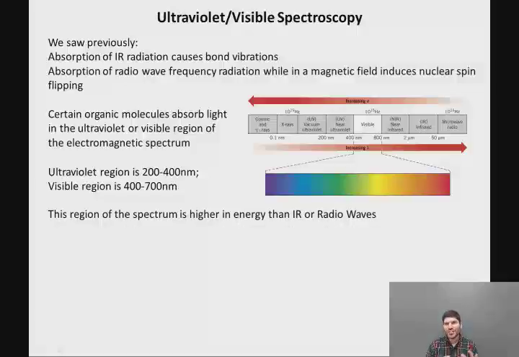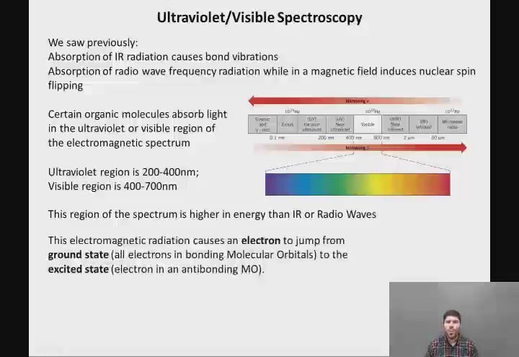This region of the spectrum is higher in energy than IR or radio waves, because remember that energy varies directly with frequency, and this region has higher frequency radiation than infrared or radio. And energy is also inversely proportional to wavelength, and the wavelengths in these regions are shorter.